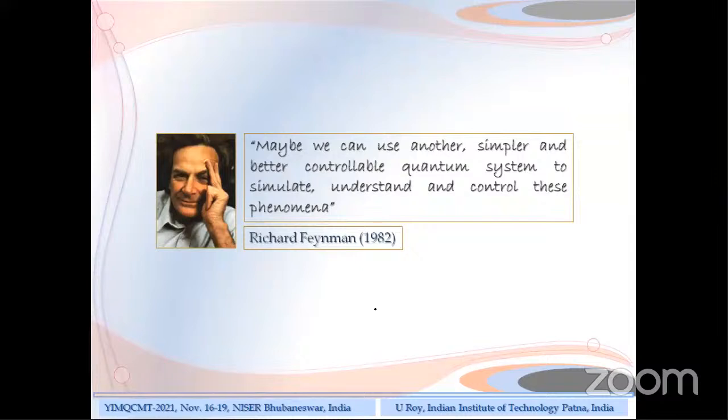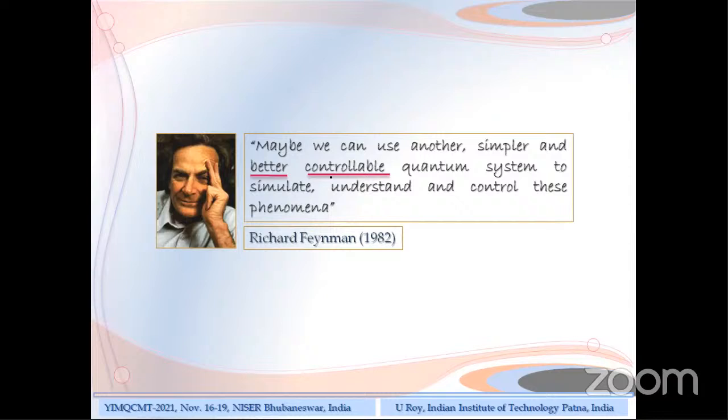This particular couple of works is not possible to describe without mentioning Richard Feynman. He mentioned that maybe we can use another simpler and better controllable quantum system to simulate, understand, and control this phenomenon.